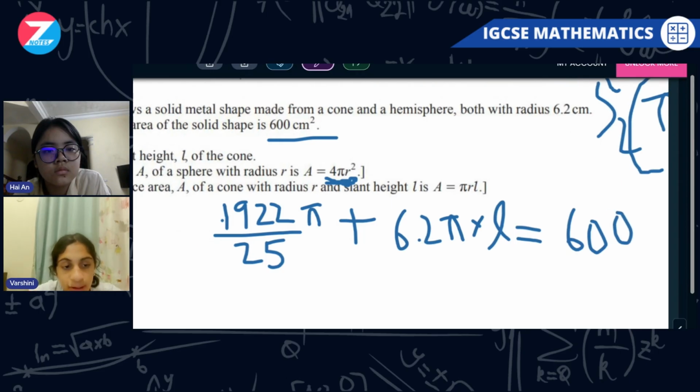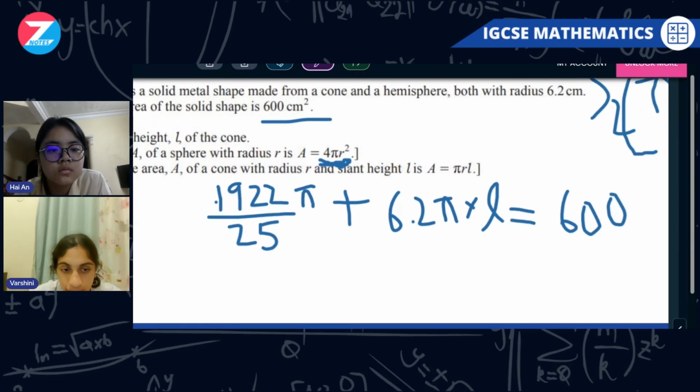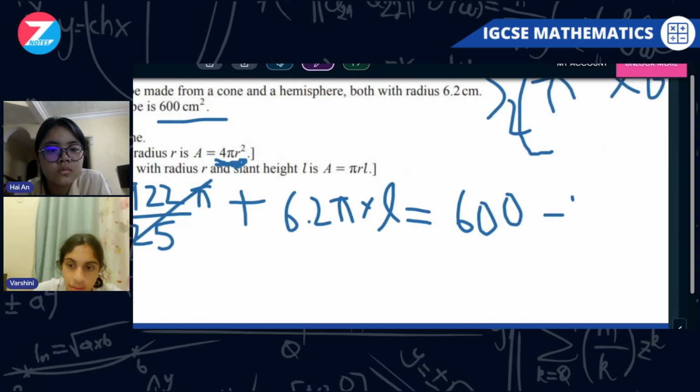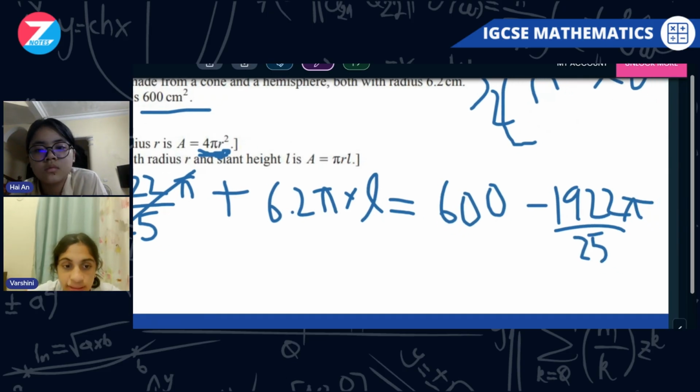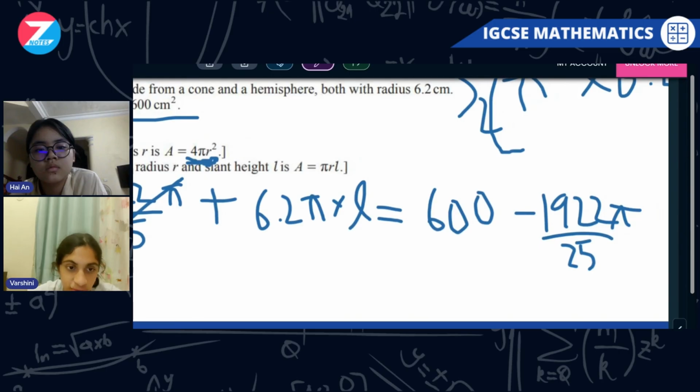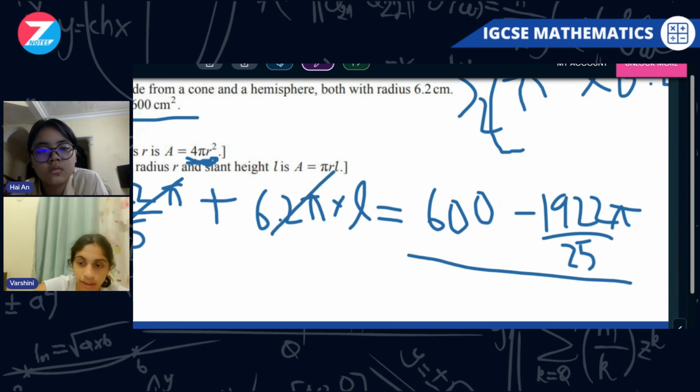So now let's get rid of 1922 by 25 into pi by subtracting it from both sides. And again, we need to get rid of this 6.2 pi to just find L. So we're going to have to divide. So now we just have this 6.2 pi into L is giving us this full thing. So all we have to do is divide both sides by 6.2 pi to make L the subject of the formula.